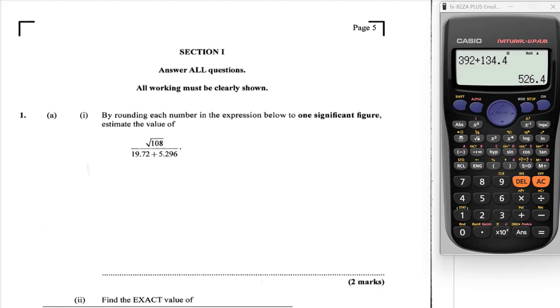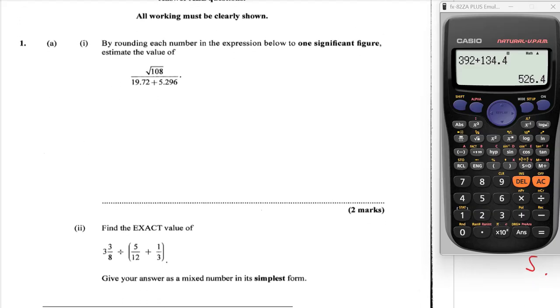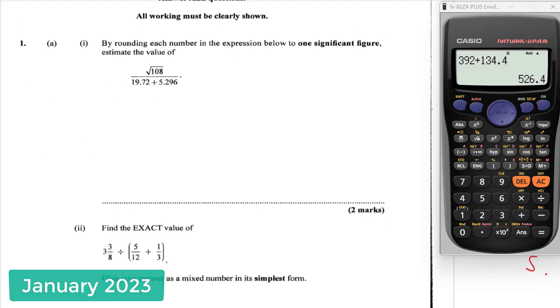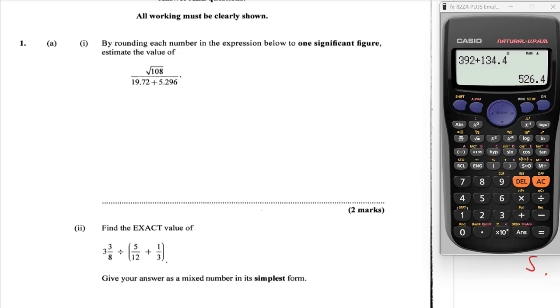Move to the next question. So here it says, by rounding each number in the expression below to one significant figure, estimate the value of the square root of 108, all divided by 19.72 plus 5.296.